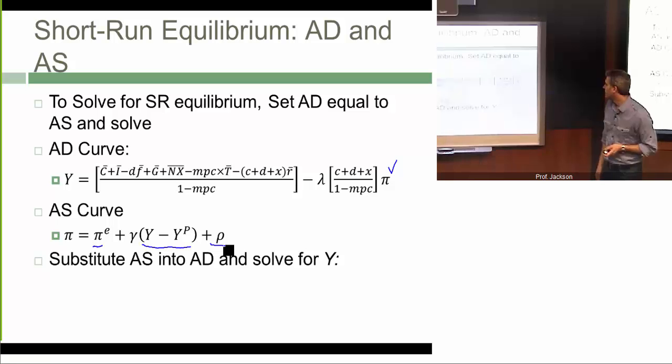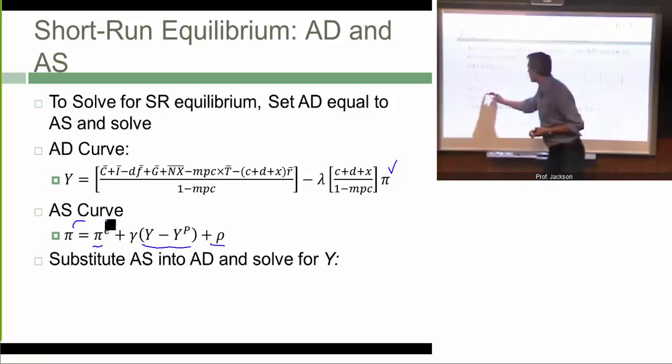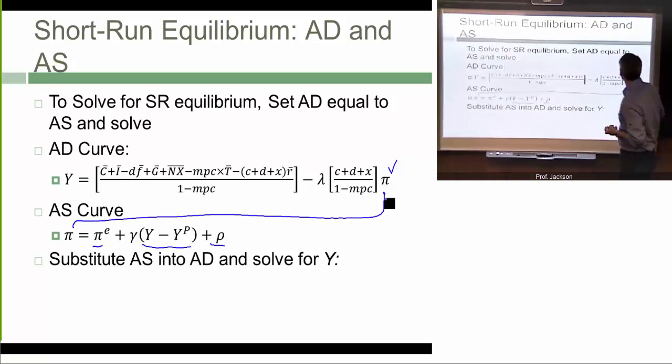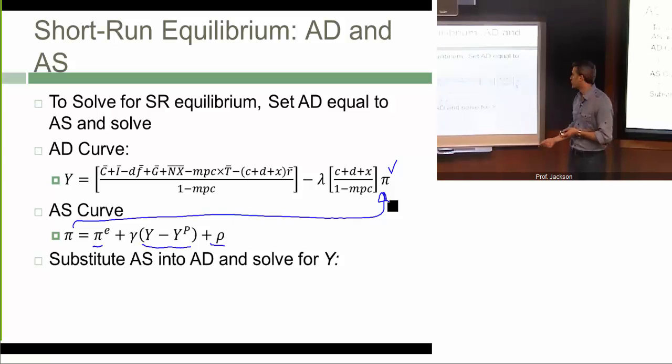And so in order to solve for this short-run equilibrium, just like what we looked at before, very simply, we're going to substitute our aggregate supply curve into our aggregate demand curve and solve. And so we can solve for y as a function of everything else.